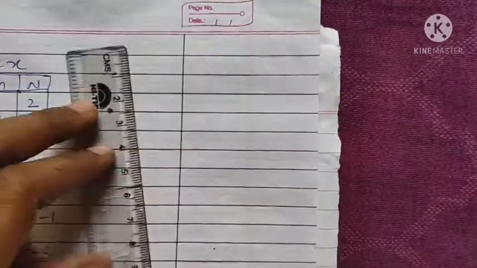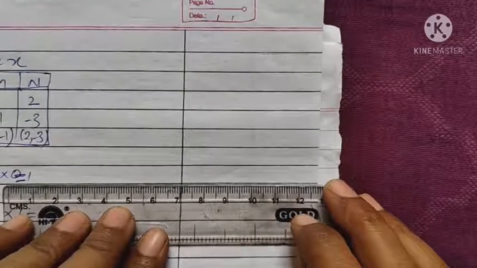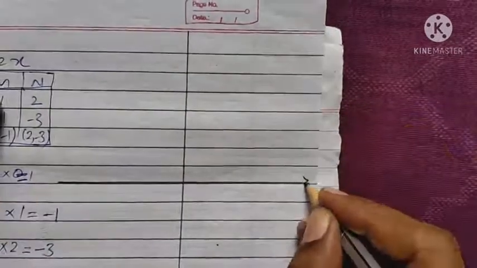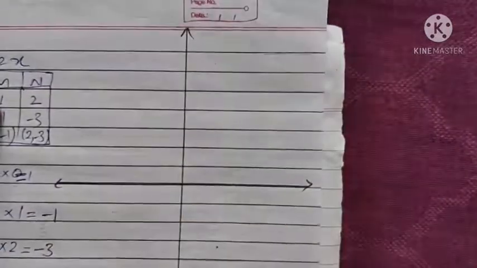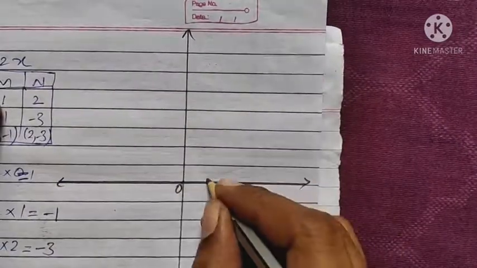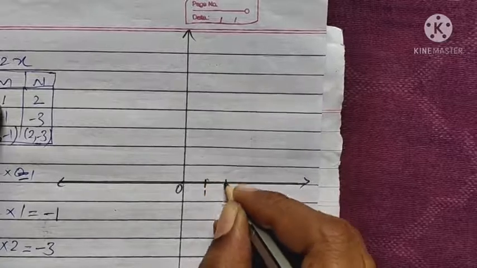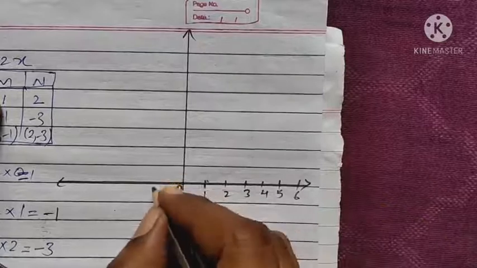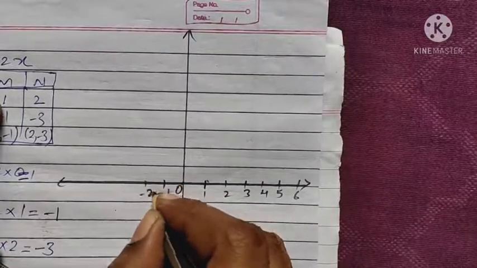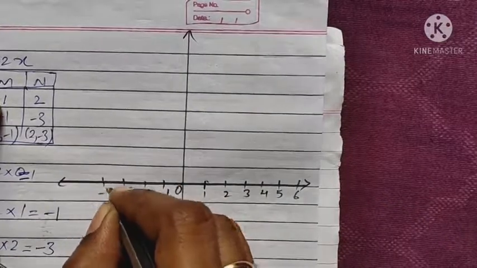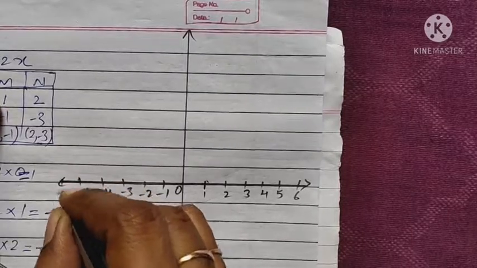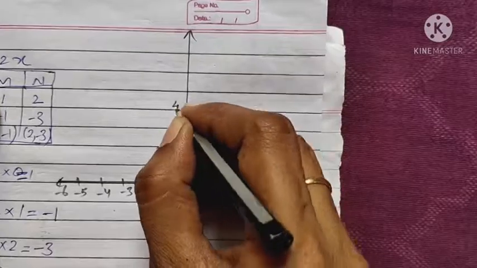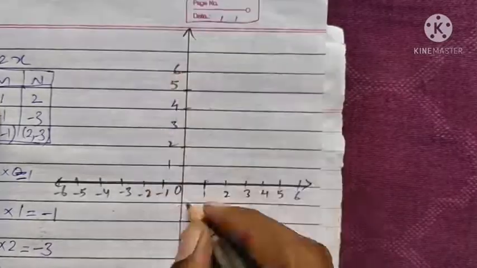First draw the coordinate system. This is the coordinate system. Origin. 1, 2, 3, 4, 5, 6. Minus 1, minus 2, minus 3, minus 4, minus 5, minus 6. 1, 2, 3, 4, 5, 6.